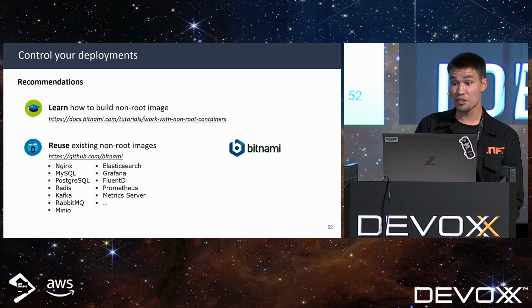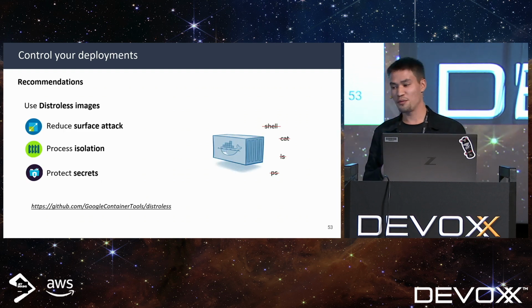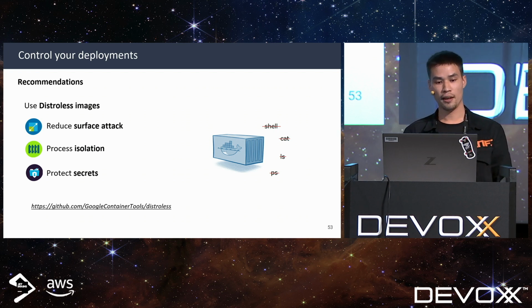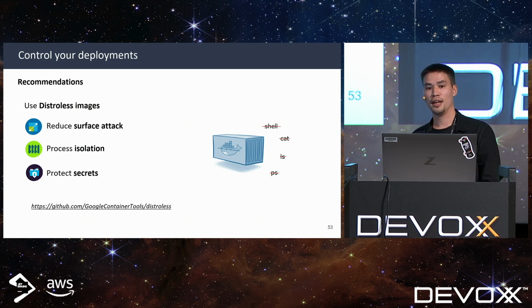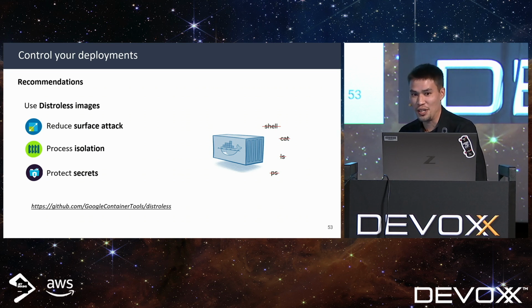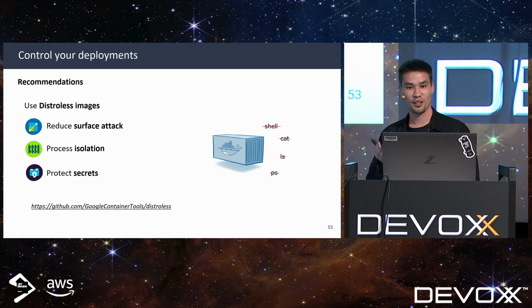So running as non-root is great, but if we want to go a little bit further, we can also use distroless images. Distroless is a project from Google, and basically it's an image in which you only have your runtime interpreter. It means that they have gotten rid of everything that is not the interpreter.